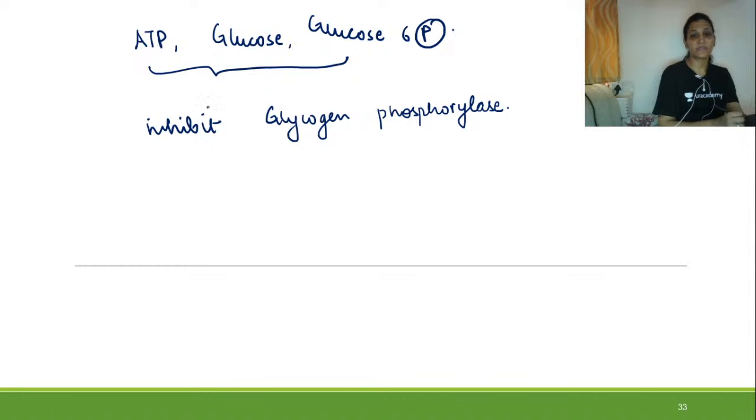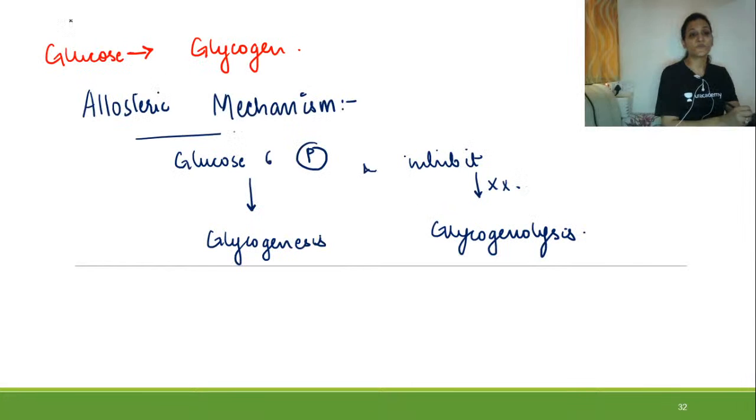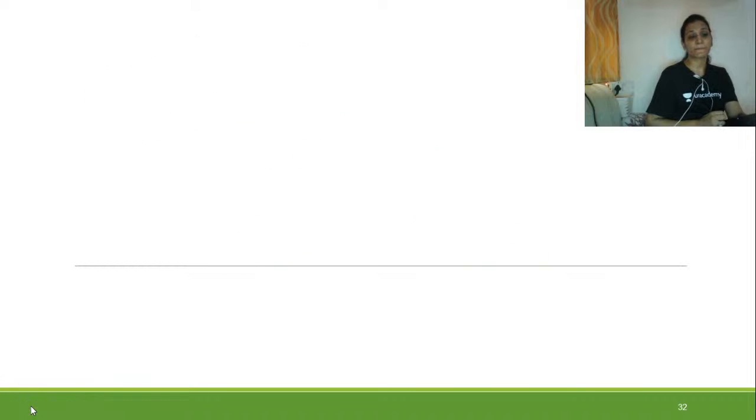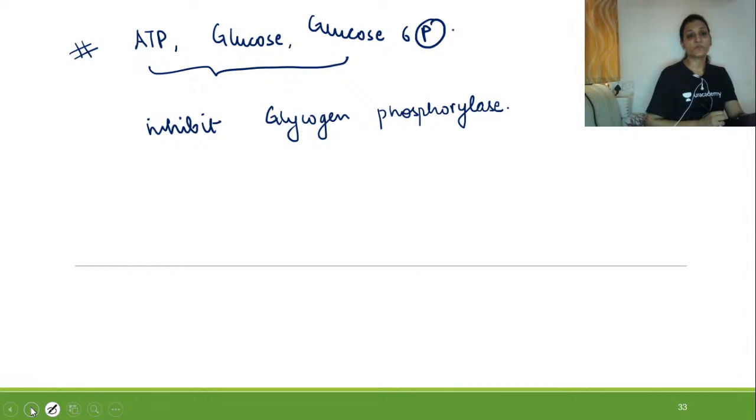They will inhibit the glycogen phosphorylase. That was the second, and this is the mechanism by which glucose 6 phosphate will support or stimulate glycogenesis and inhibit glycogenolysis. So ATP, glucose, and glucose 6 phosphate inhibit phosphorylase.